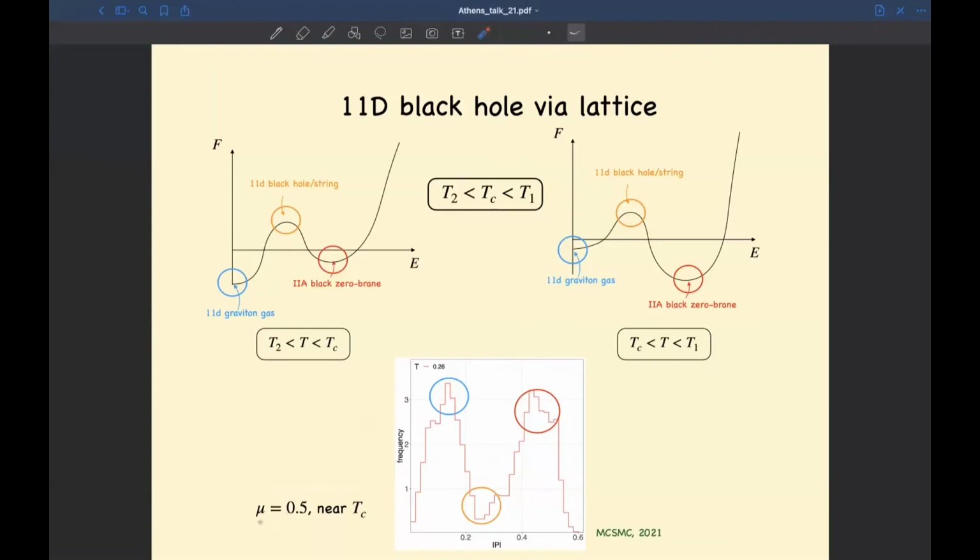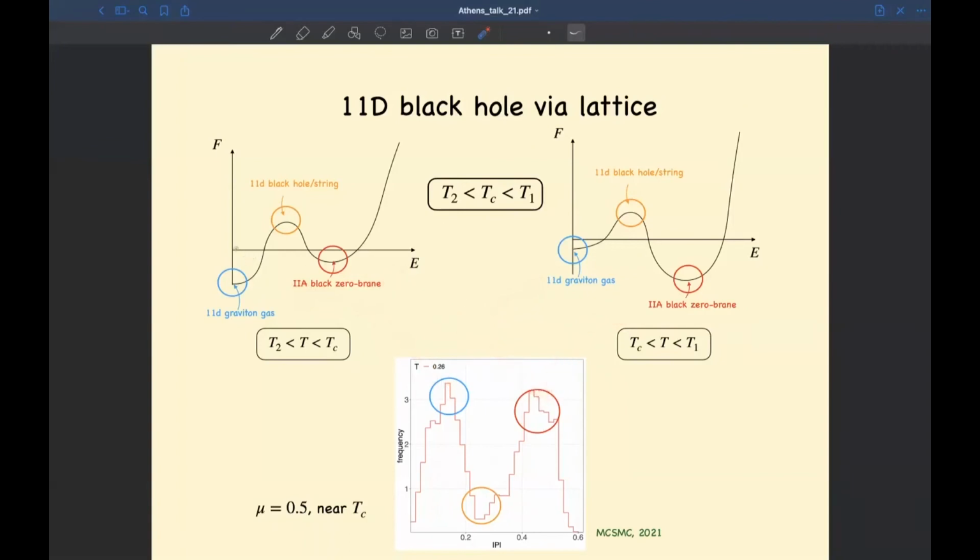We see that we simulate at mu 0.5 near the transition temperature, and the proposal we want to show is that this phase here is a confined phase. So this should correspond to either this or this. While on the other hand, the deconfined phase is again either this or this.